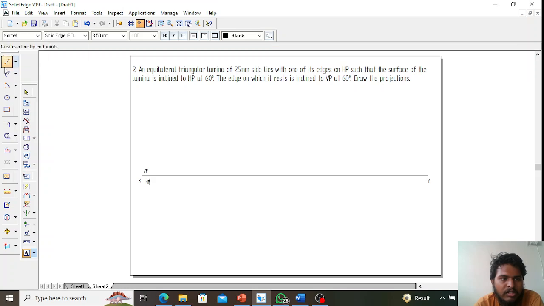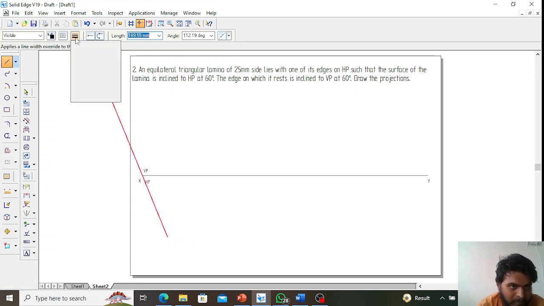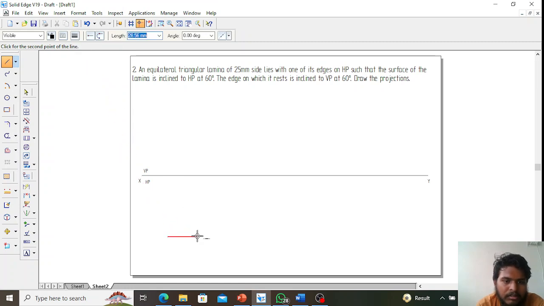So first of all we will draw a triangle with 25 mm sides. Now set the line, change it to 50 mm. Now I am drawing 25 mm, angle is 0 degree.